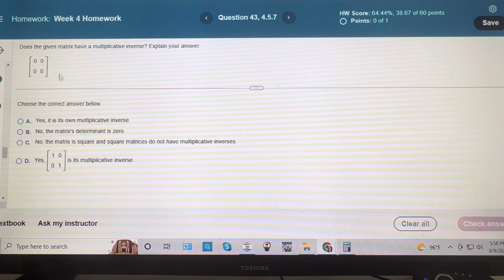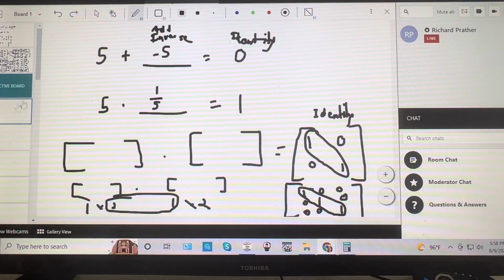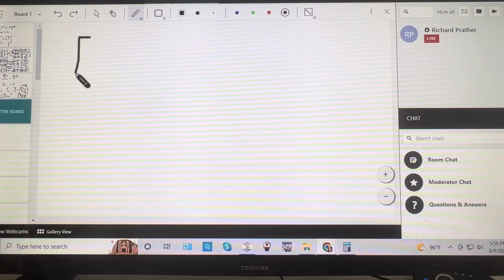Now this is a 2 by 2. This is a square matrix. So does this have an inverse? In theory it could, but when we go looking for the inverse of a matrix, here's what happens, at least for 2 by 2s. We do what's called a determinant.